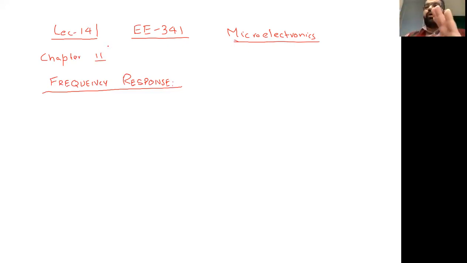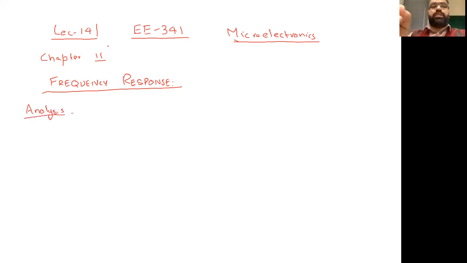I will just recall quickly what we have done in the last lecture. We brought some analysis points that we can apply to find the frequency response of any amplifier. Those analysis points I wrote in the last lecture too, but as a refresher, I am writing them again.